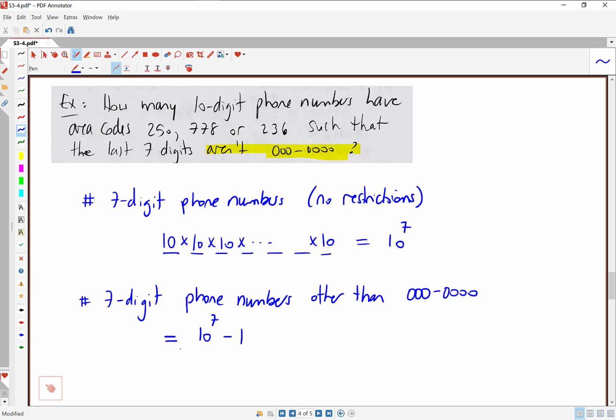Let's go through our logic so far. We said the number of 7-digit phone numbers with no restrictions is equal to 10 to the 7. The number of desirable 7-digit phone numbers is equal to 10 to the 7 minus 1.